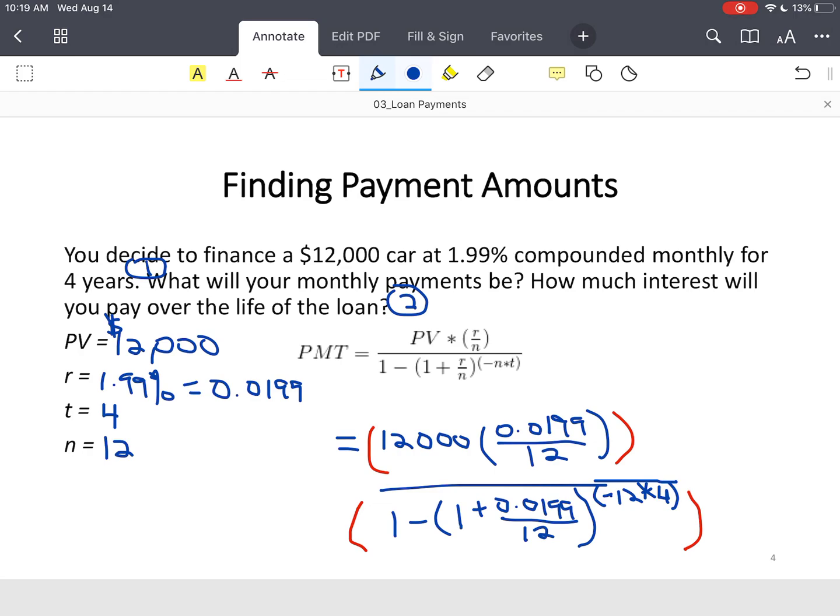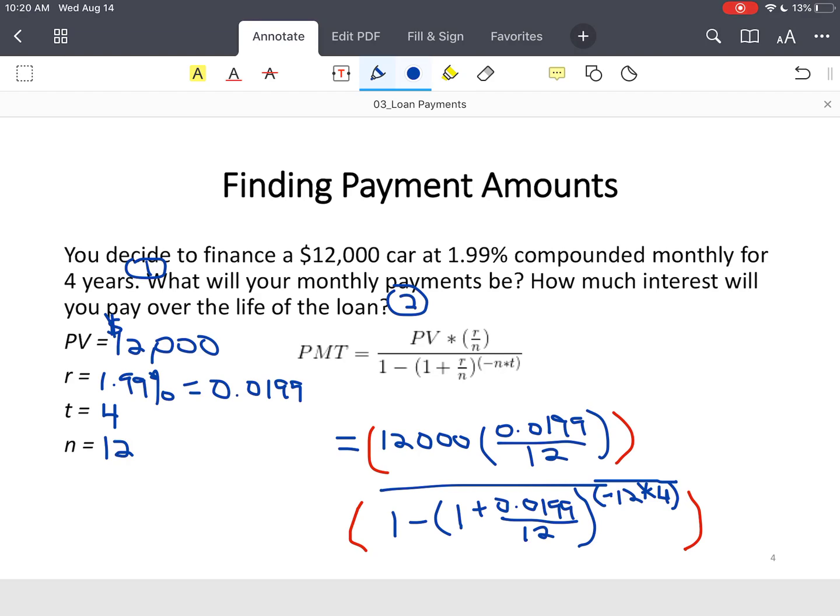Take your time, and it may take you a while to practice. Don't just watch the video, try it. If you don't get the payment, try it again until you get comfortable with typing this or substituting your values into this formula. So $12,000, my interest rate was 0.0199 divided by 12. That's my numerator. My denominator is 1 minus 1 plus 0.0199 divided by 12, raised to the power of negative 12 times 4 years.